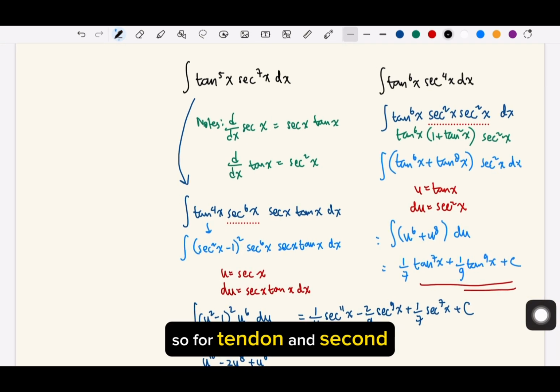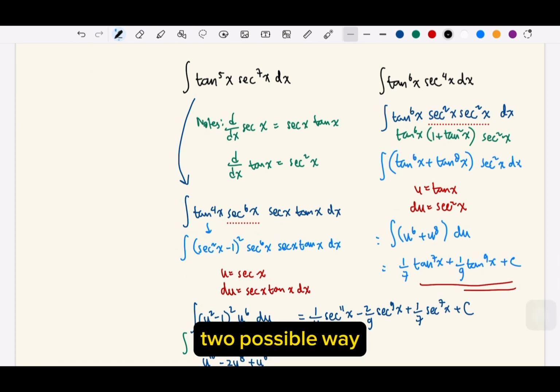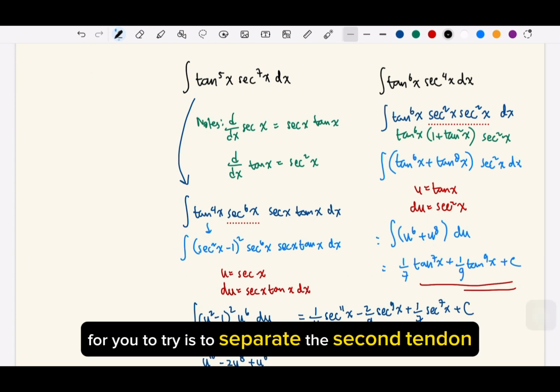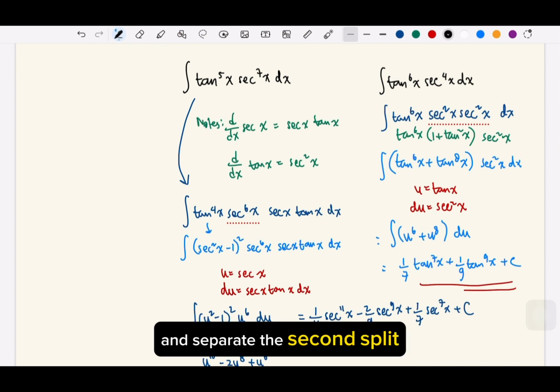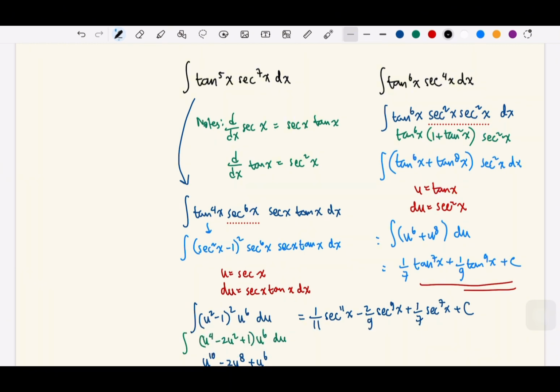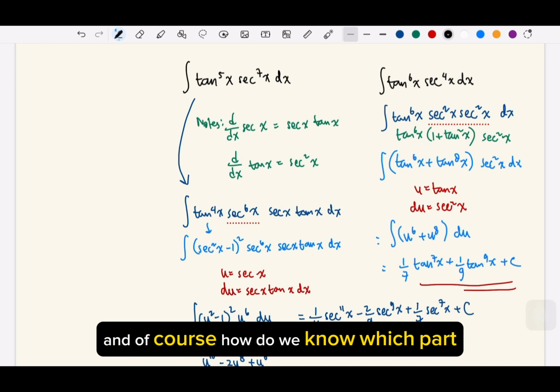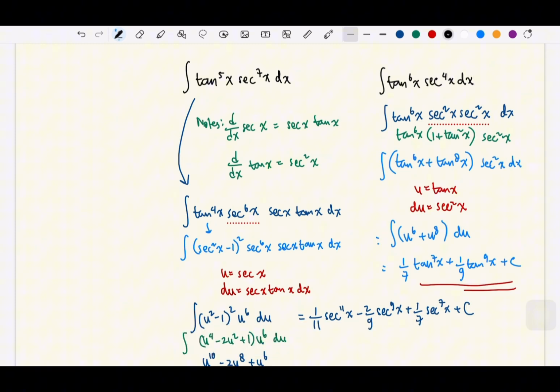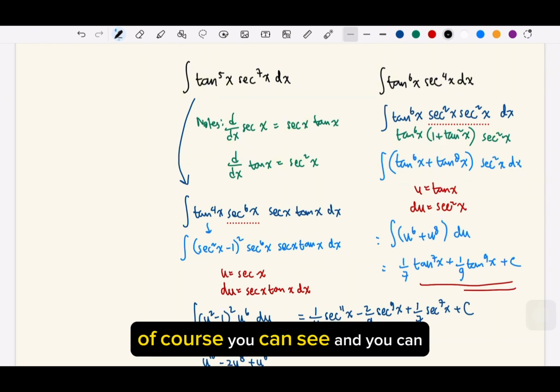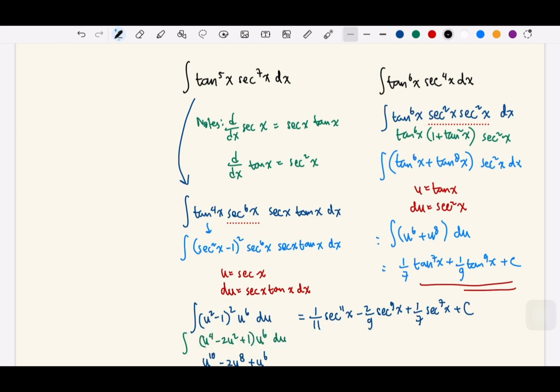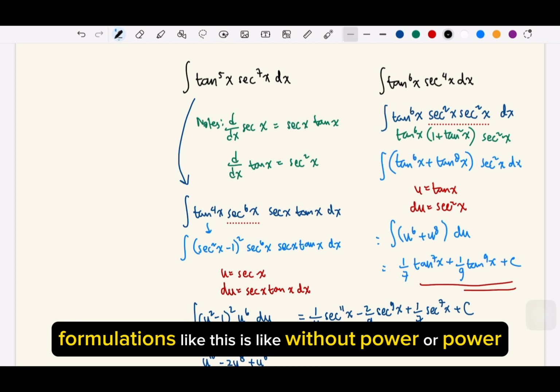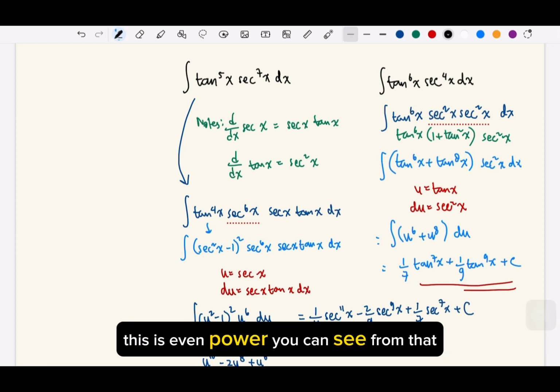So for tangent and secant, two possible ways for you to try are to separate the secant tangent and to separate the secant squared. And of course, how do we know which one? You can identify it through the formulation, like whether there is no power, or the power is even.